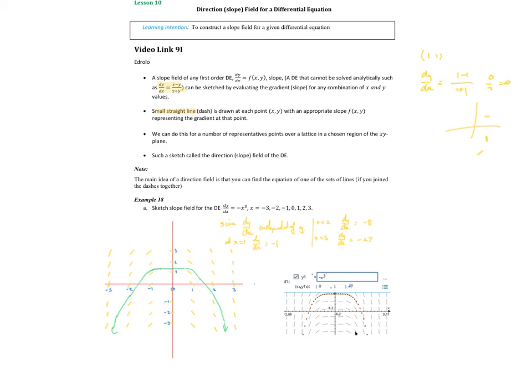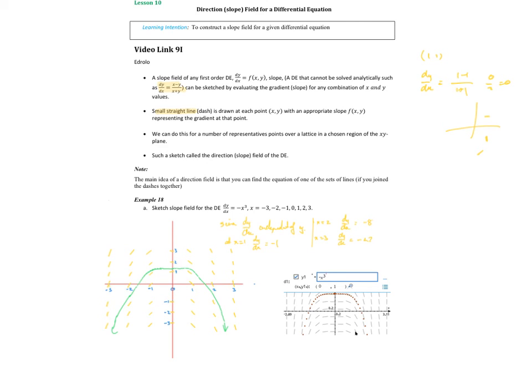Similarly, if I put x equal to positive 1, if I substitute it into negative x cubed, I get negative 1 as an answer. So all the way along, I've got a little line that's got basically a negative 1 gradient. Similarly, if I put x equal to negative 1, I'm going to have a positive 1 gradient all the way along. And in this case, because our derivative is independent of y, those values don't change at all.